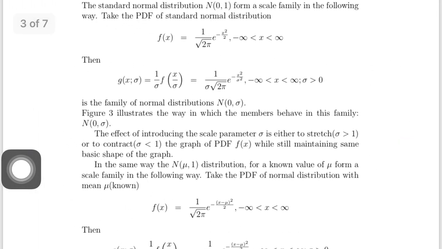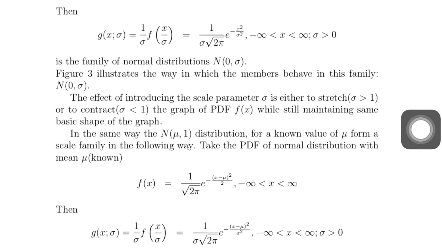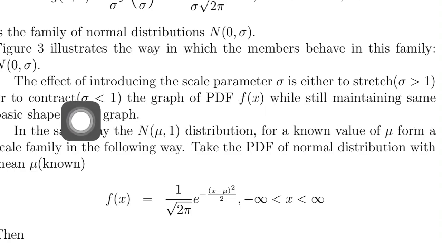And what is the effect of change of sigma? You have seen that when you change the location parameter, the curve shifts either to the right side or to the left side without changing the shape of the curve. But here, by introducing a scale parameter sigma, the curve either stretches or contracts. It stretches when sigma is greater than 1 and contracts when sigma is less than 1.